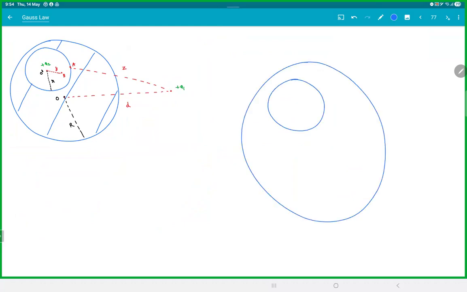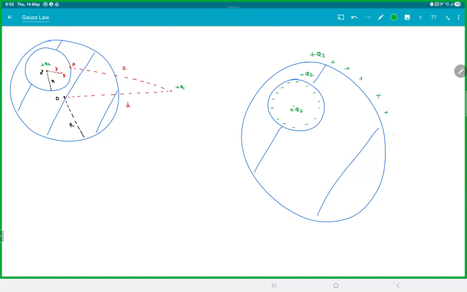Let's start from inside. This Q2 in the center, it is exactly in the center, so it will create uniform distribution. Minus Q2, and that Q2 will come to the surface. That will also create uniform distribution.